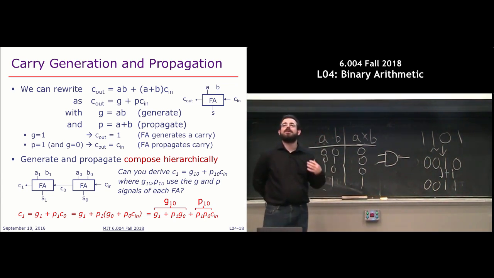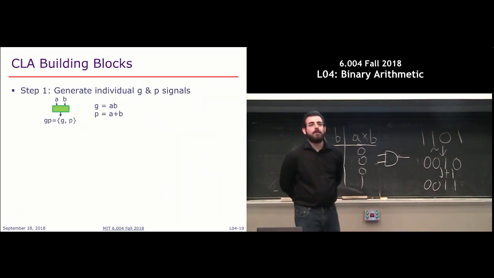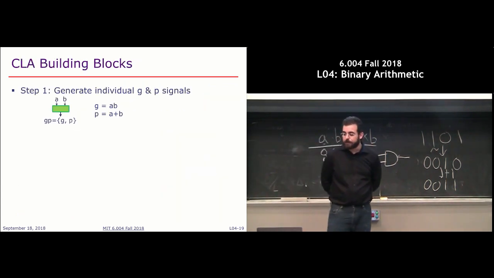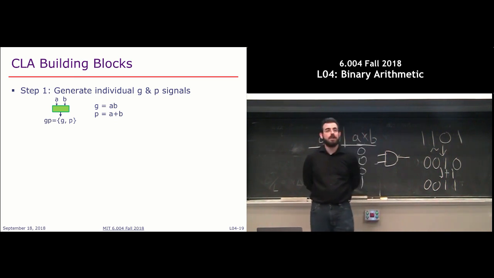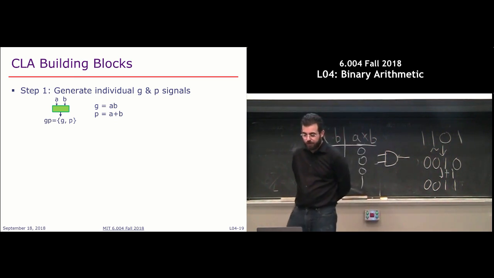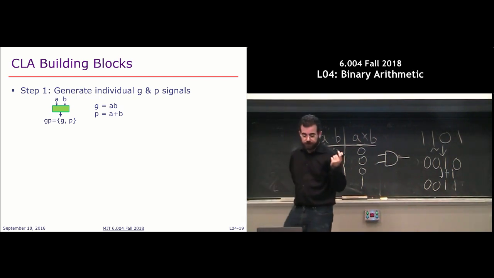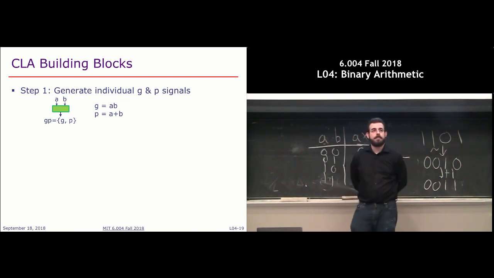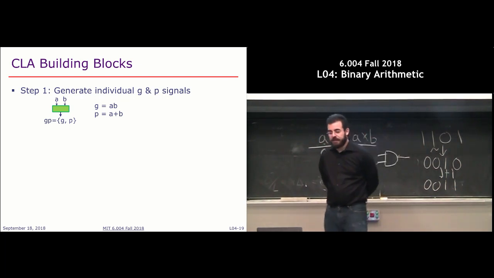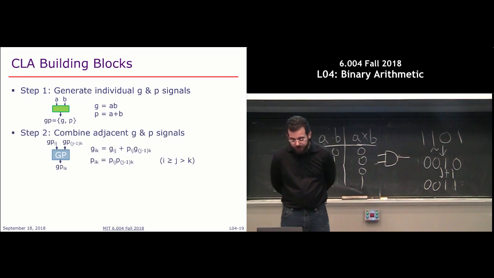If I give you a long string of bits, let's say 32-bit operands, then we're going to follow the following strategy. First, we're going to generate and propagate signals for the individual bits. We're going to have this little green block here that produces a 2-bit output that's just the concatenation of G and P. I'm going to call this GP for brevity.